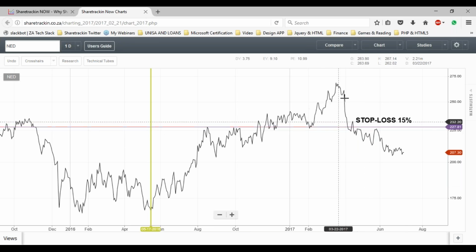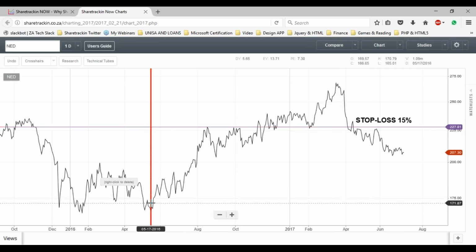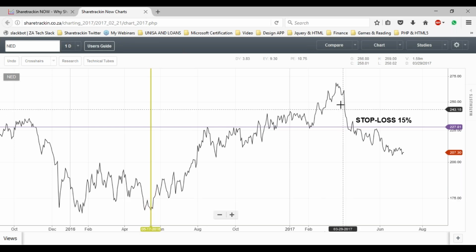Now you can clearly see that since we bought it, right, we bought it down here on the 17th of May 2016, and the day that the share price hit our stop loss, it actually hit our stop loss on the 5th of April 2017.